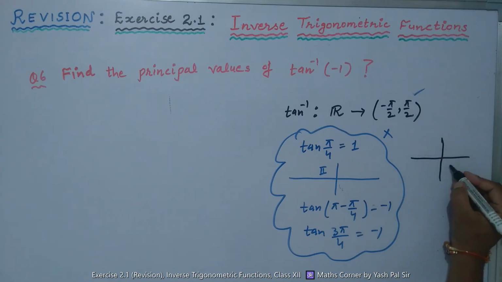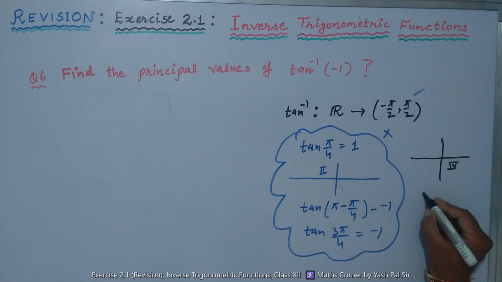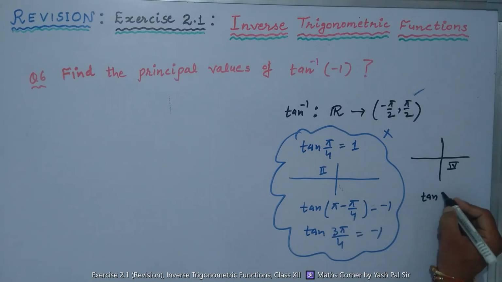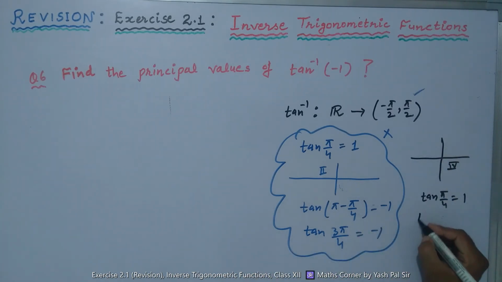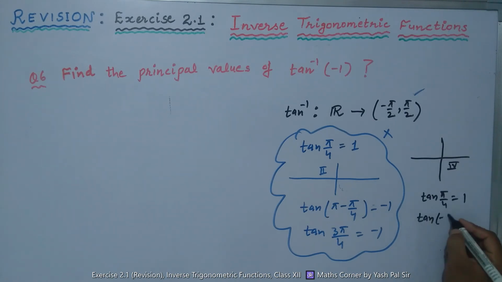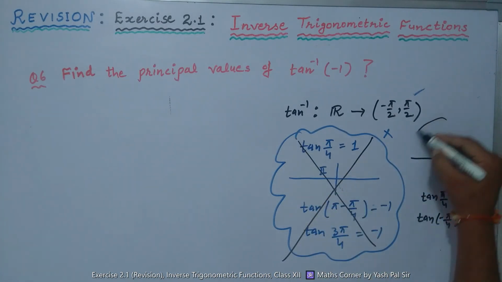In the fourth quadrant also tangent is negative. Tangent pi by 4 is equal to 1. Now taking the angle clockwise, tangent of minus pi by 4 is equal to minus 1. So this was wrong. Now this is correct.